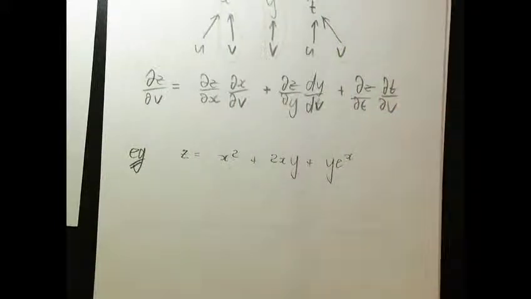Let's do that one. So z is equal to x squared plus 2xy plus y e to the x.